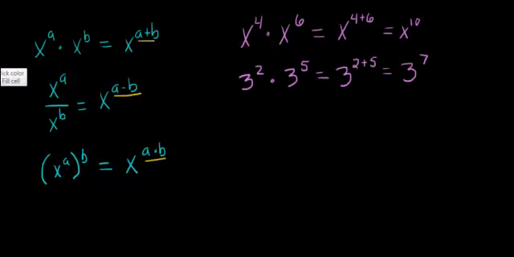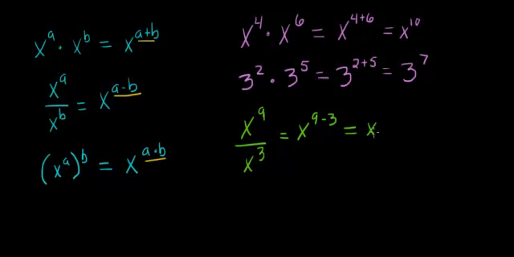Now if we switch gears a little bit and take a look at some of the division, let's say I have x to the 9th, and I'm dividing that by x to the 3rd. Well, that means what I'm going to have is x to the 9th minus 3, which gives me x to the 6th.